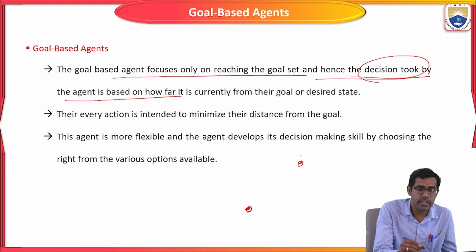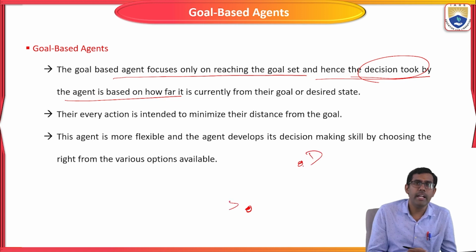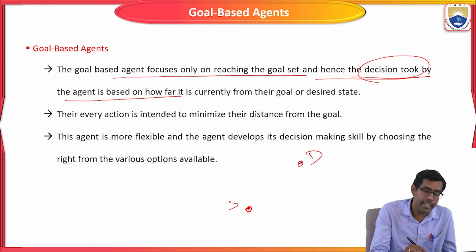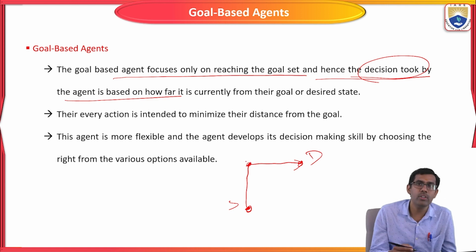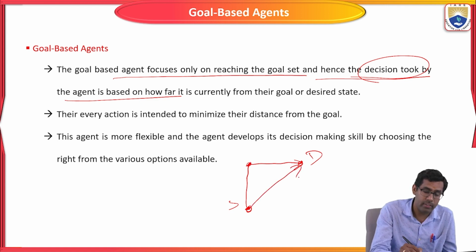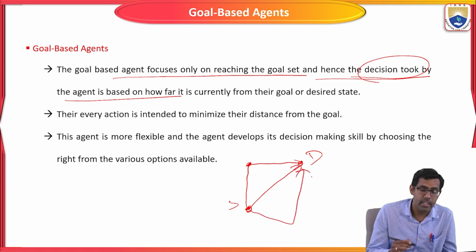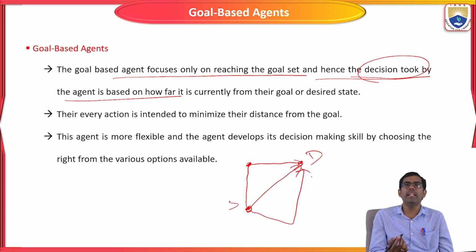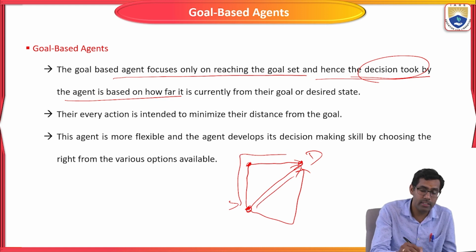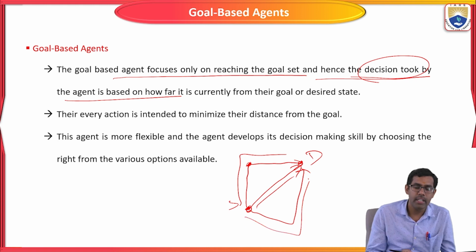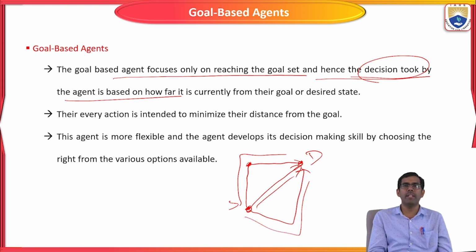And here is a destination. The agent will decide in this way. If it is reaching here, we have some particular distance, or we go this way, or this way. Like this, it will take some decision. If it goes this way, it will take some time, then in this way it will take some time, and this way it will take some time, right?